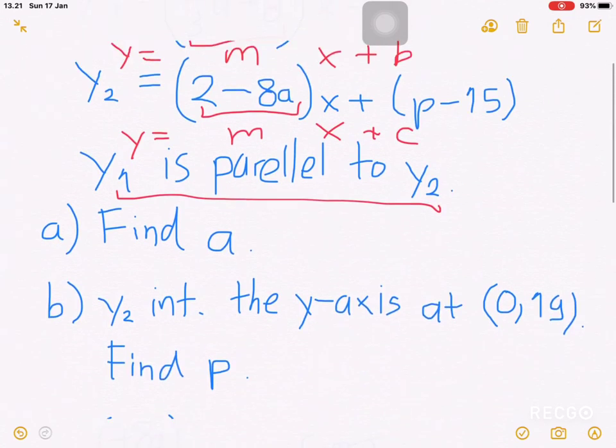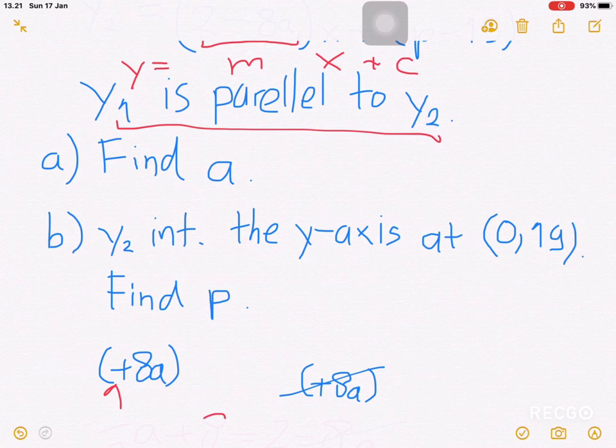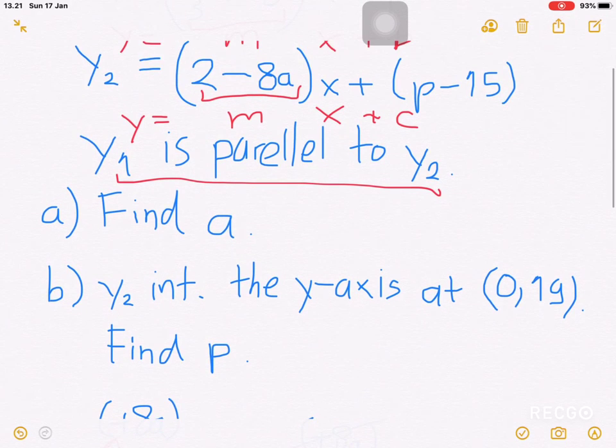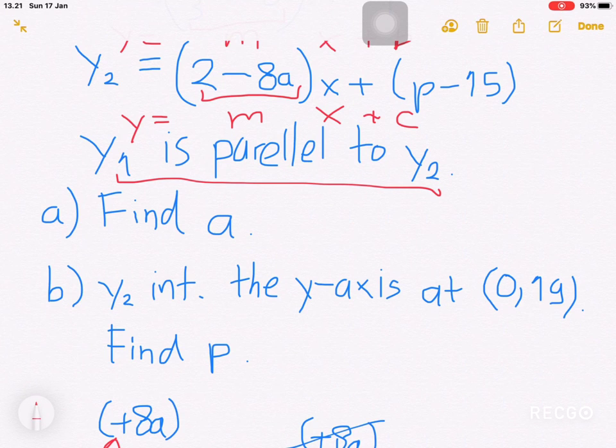And for the B part, we're given y2 intersects the y-axis at 0, 19. And returning to our formula, our b, or in this case our c, because we're talking about y2, this c stands for the y-intercept.